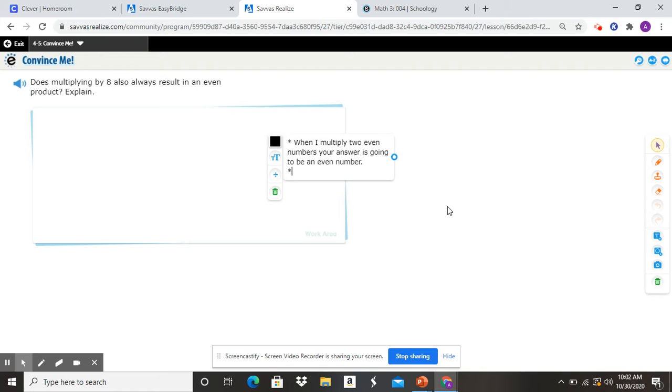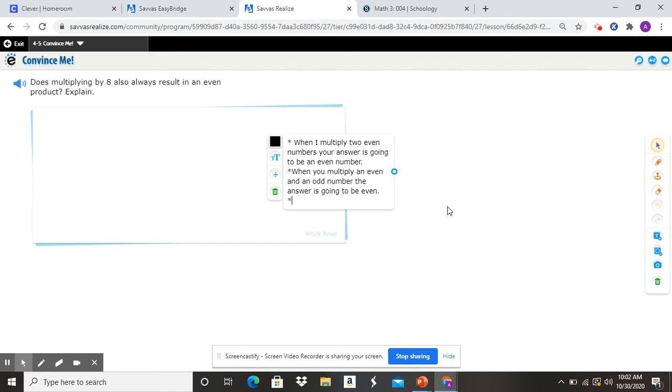Your next rule is when you multiply an even and an odd number, the answer is going to be even. Always, okay? Anytime you multiply an even and an odd number, the answer is going to be even.